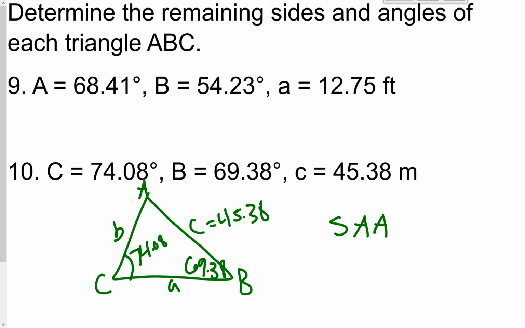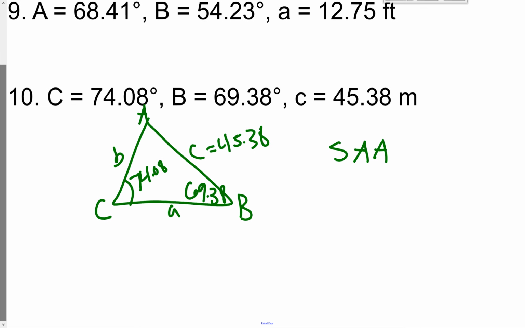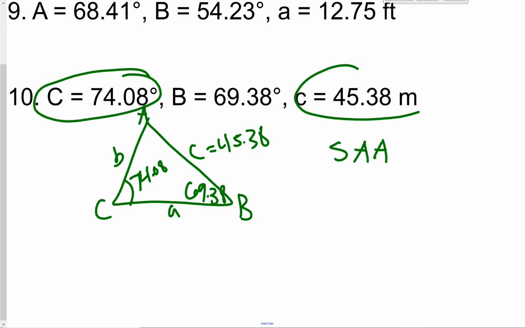Okay, so that's fine. And now we can go ahead and solve. We can use our law of sines. You first want to look for the side where we have an opposite side and an opposite angle, where you're given two letters that are the same basically. And that's where you want to start. So these two are the same, so we're good there. Then you want to look at your third thing you're given.